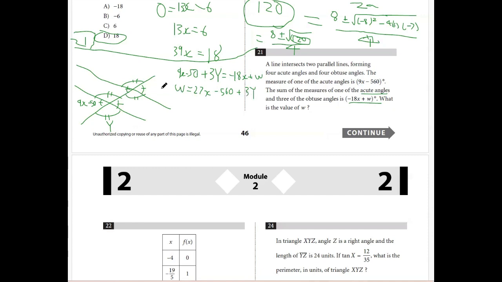And we know that the sum of the one acute and one obtuse should equal 180. So I could write this relationship down here. 9x minus 50 plus y. Oh, sorry, 560 plus y is equal to 180. I'm sorry, this should be 560, not 50. I'll rewrite it here.